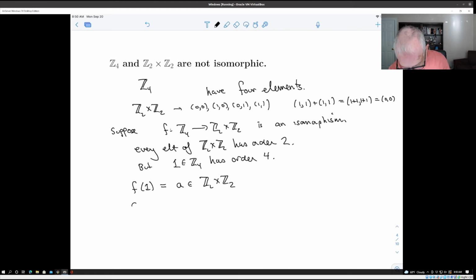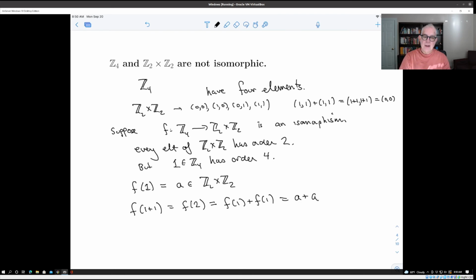Well, then f of 1 plus 1, which is f of 2, has to equal f of 1 plus f of 1, which is a plus a. But as we said, every element of Z2 cross Z2 has order 2. So whatever a this is, when you add it to itself, you get 0. In other words, what we've just shown is that if there is an isomorphism, f of 2 has to equal 0.